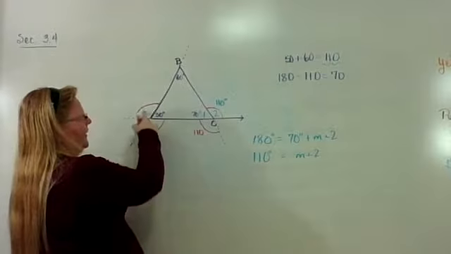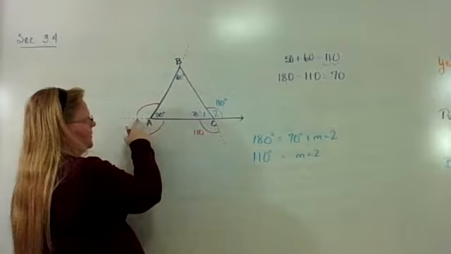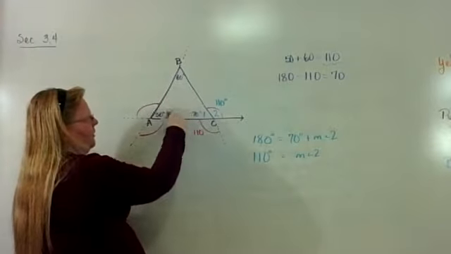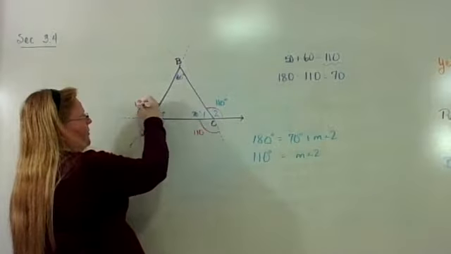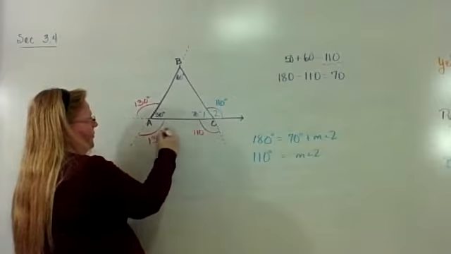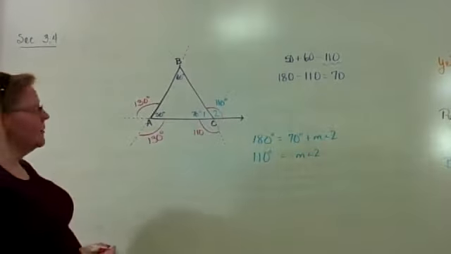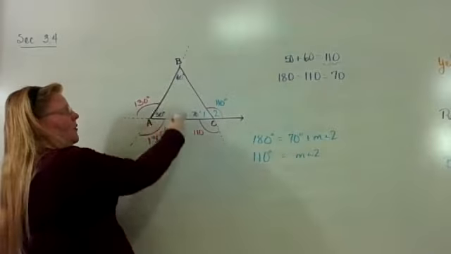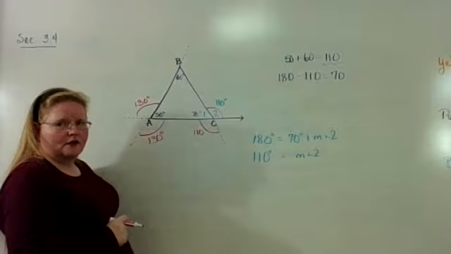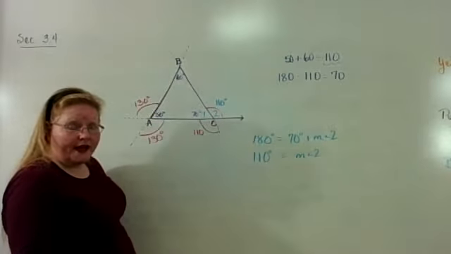No. They have to be whatever it takes to either make up the 180 because it's a linear pair, or whatever the sum of those two are, which happens to be 130 degrees in this case. In fact, they're both 130 degrees in this case. And it doesn't matter whether you got the 130 by subtracting the 50 from it or by adding those two interior angles that are opposite. What they're saying is it's always going to be the case.